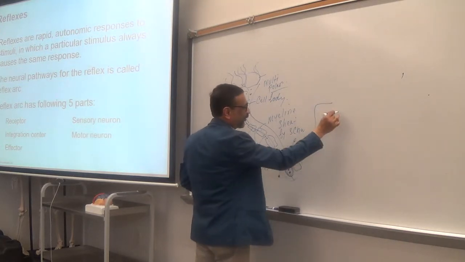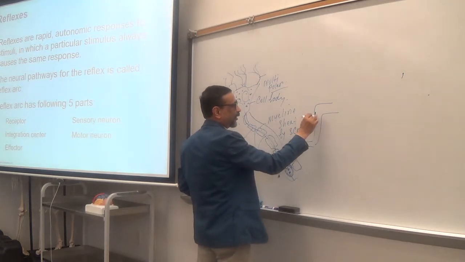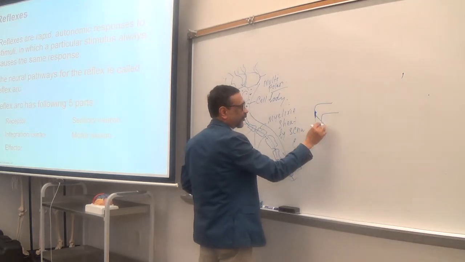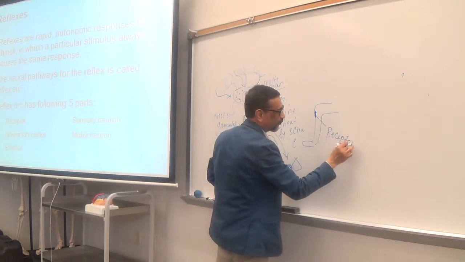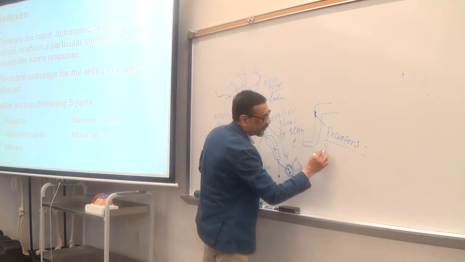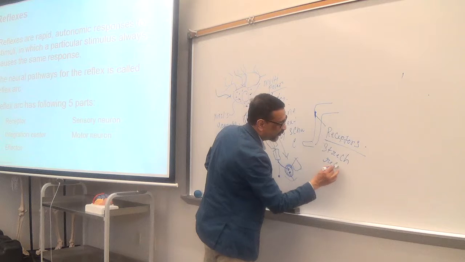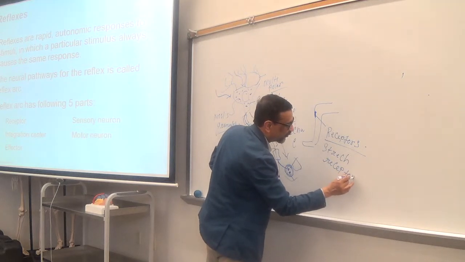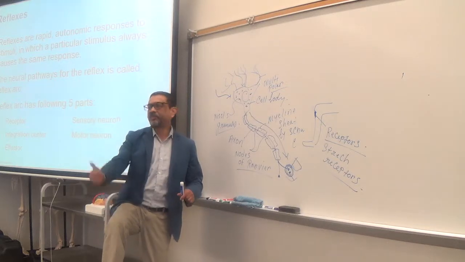This is your leg, the easy one. This is the patellar ligament here. And in patellar ligament, you have the receptors. What kind of receptors you have? Stretch receptors. Okay? So here you have the stretch receptors.